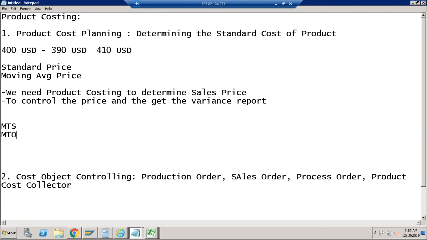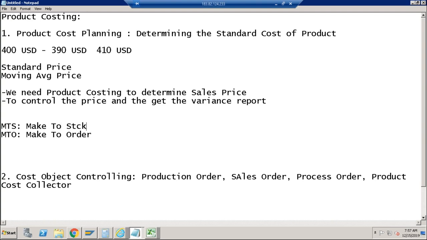Can you tell me the difference between MTS and MTO? Have you heard about them? Make to order. Yes, MTO is make to order, you are correct. Make to stock, I think. Yes, MTS is make to stock.